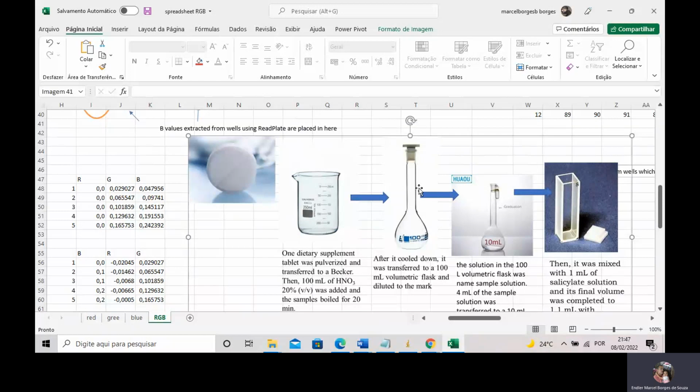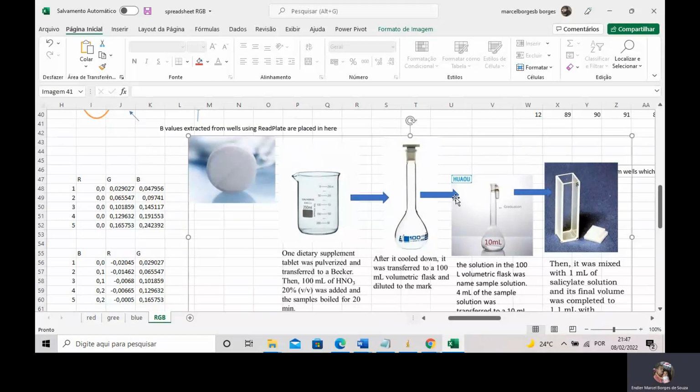You have used the cyanide assay, the gallic acid assay. For example, for the gallic acid assay, 2 milliliters of this sample was diluted to a final volume of 10 milliliters.